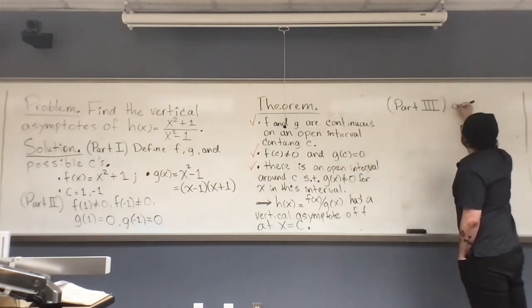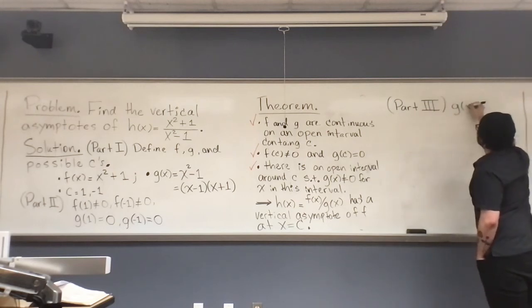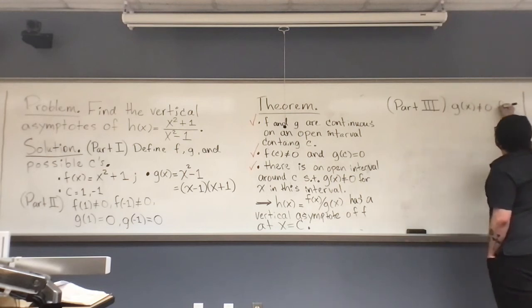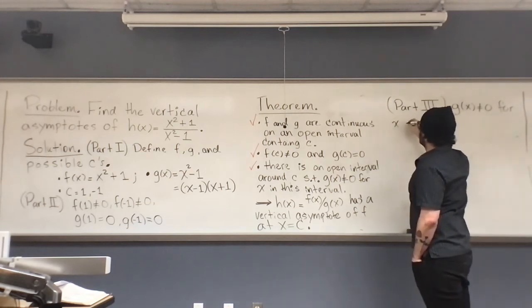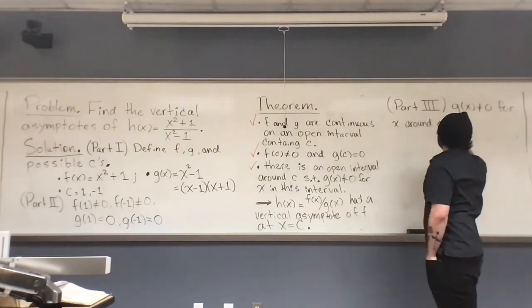G of X is not equal to 0 for X around C equal to positive 1, right?